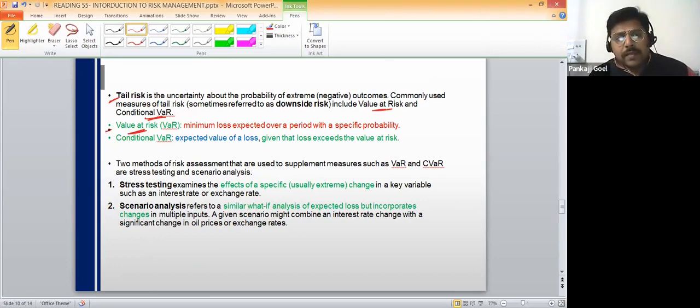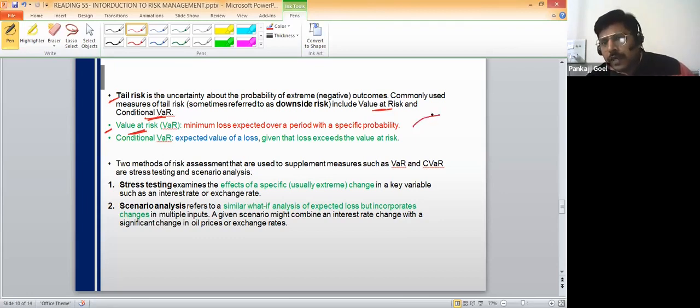Value at risk: if we talk about normal days, what is the minimum loss expected over a period with a specific probability? So that is value at risk. It means how much value is at risk. So that risk will always remain. Now, after that risk, there is some additional risk.